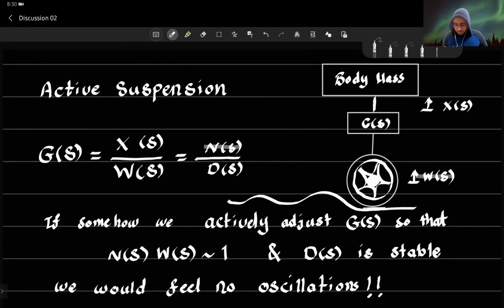in this case, let's suppose that this is a simple free body diagram of a one-wheeled car, and so this is the wheel, and this is the road.